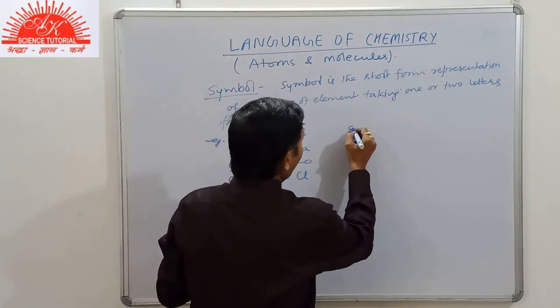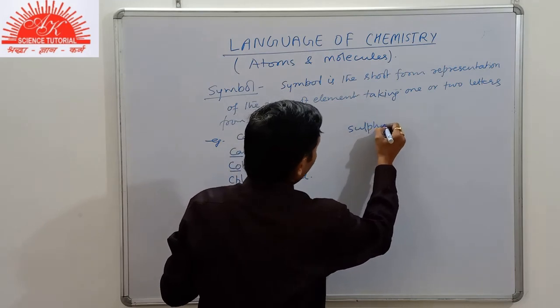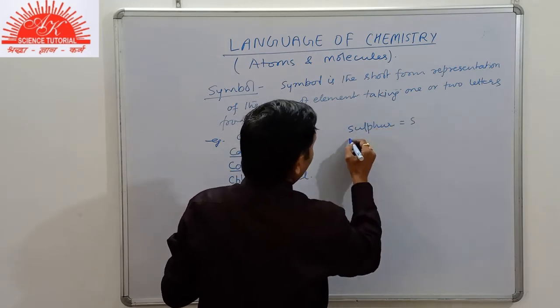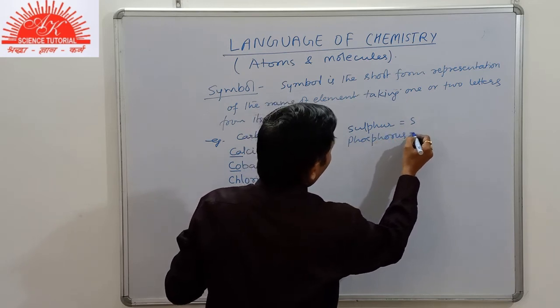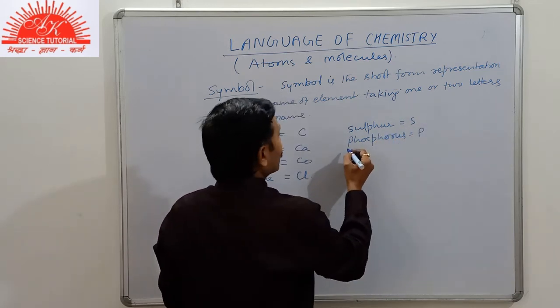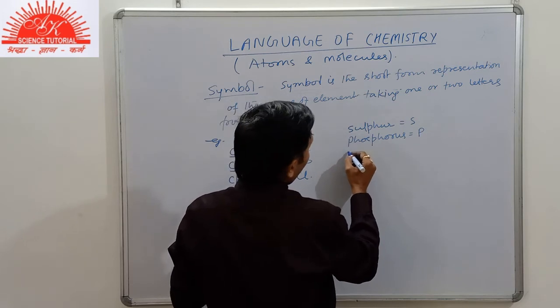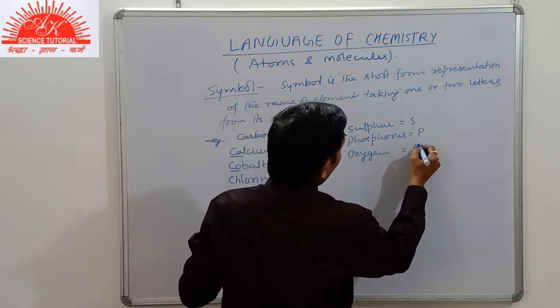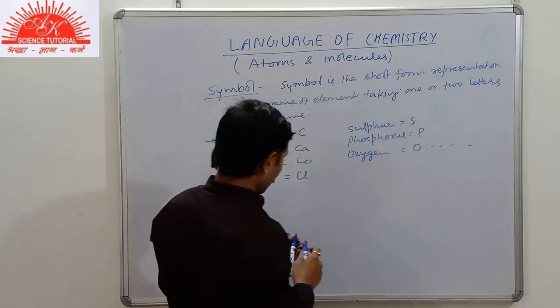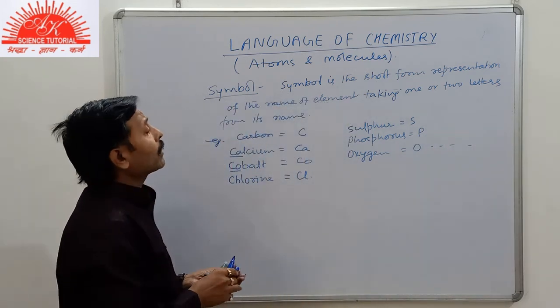Similarly, if we have sulfur, it is S, phosphorus, P. Similarly, we can take oxygen, O, and so on.